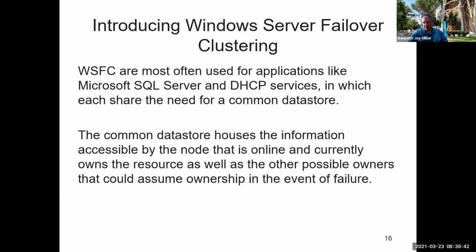I'll make it available to you. You can't do that, right? It's a one-to-one relationship only. So when we have a common data store, it houses the information accessible by the node that is online and currently owns the resource, as well as the other possible owners that could assume the ownership in the event of a failover or a failure.